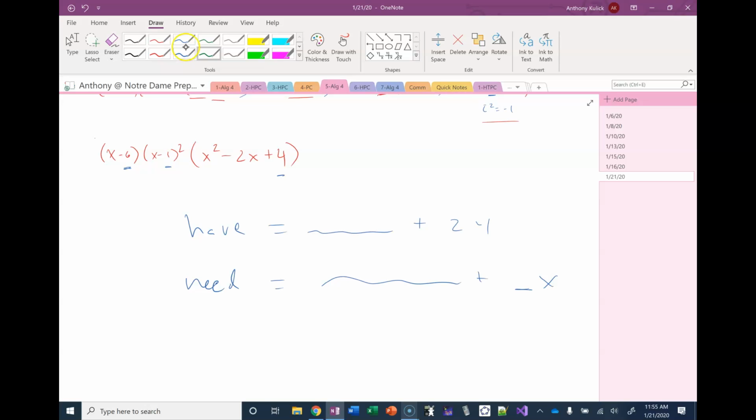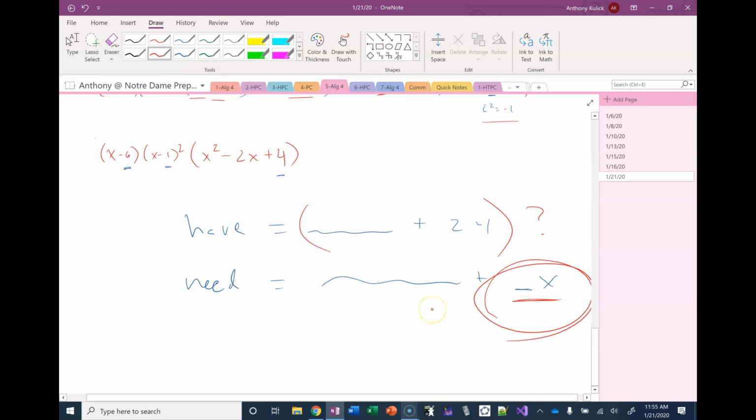So if I can't add or subtract something, what else might I be able to do? Multiply by something. Okay. What could I multiply this by so that the last thing would have an x on it? So we're going to multiply this by something so that the last term ends with an x.